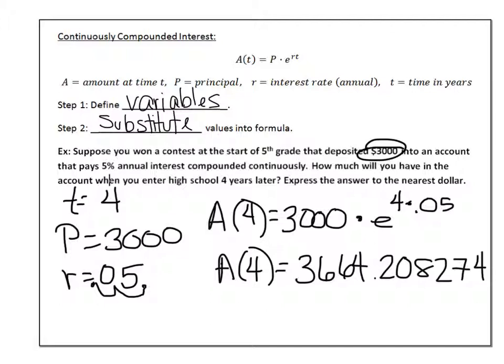And again, you should have 3,664.208274. So again, if you got that, help your neighbor figure out how to type it into their calculator correctly. If you didn't get it, please make sure you're asking a neighbor if they got it and for help. And then unpause this once everyone has this on their calculator.